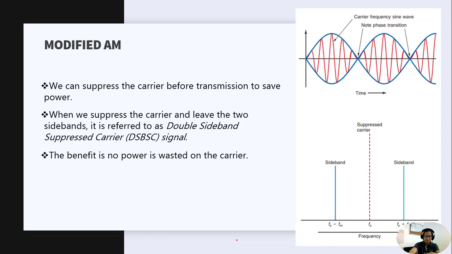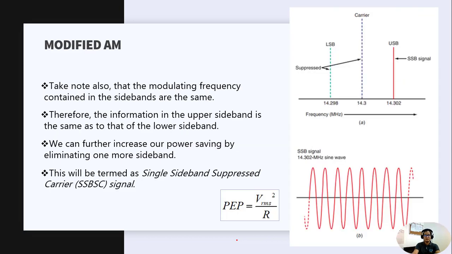Okay? But, may isa na naman, no? Di ba kanina, yung information natin nasa sidebands. Pero, yung information kasi na nasa upper sideband is also the same information na nasa lower sideband.